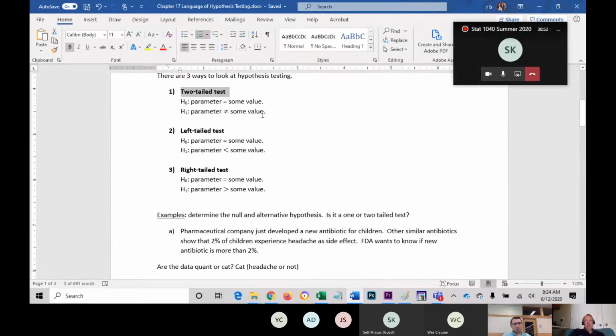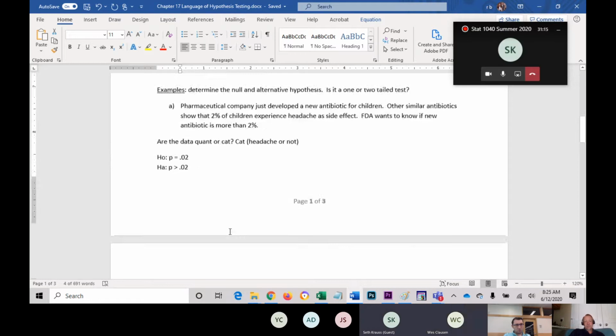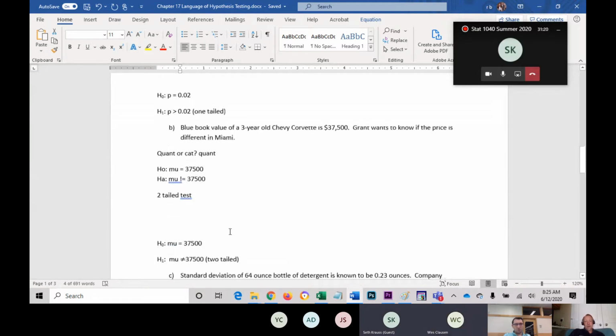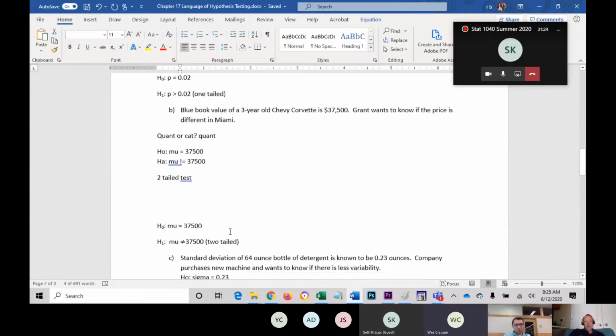So when we talk about the two-tailed test, we're always talking about the alternative hypothesis. So since he used not equal to, it's a two-tailed. If he had used a less than or a greater than sign, it would be a one-tailed test. Less than is going to be left-tailed, greater than is going to be right-tailed. Does that make sense? Yeah. Okay. All right. So well done, Wes.